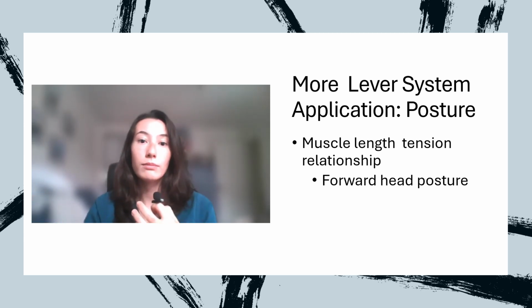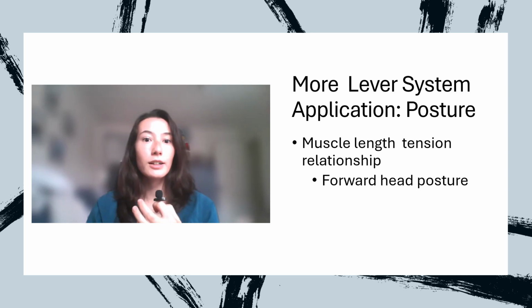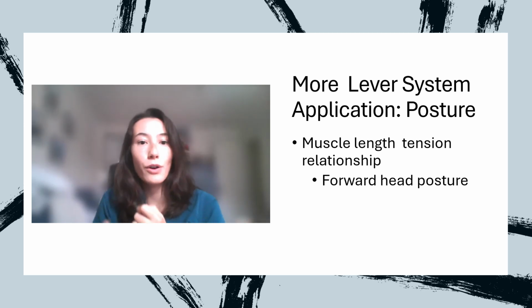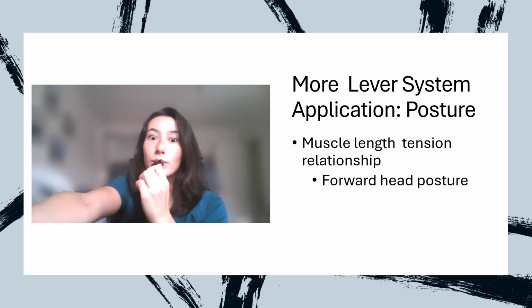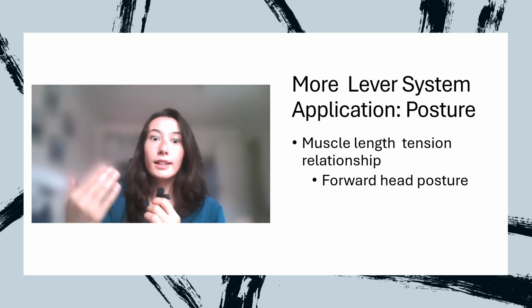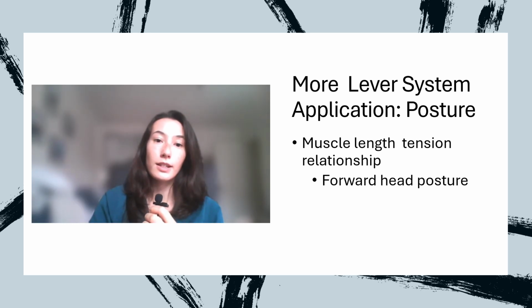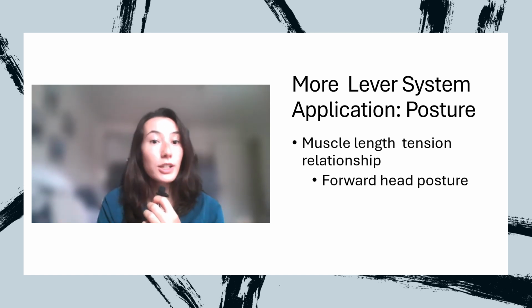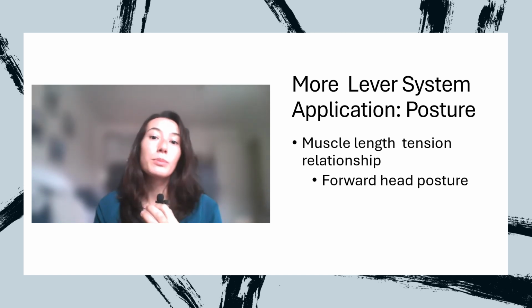So the example that I use again, what I gave earlier, is holding a gallon of milk really close to your chest. It's not too bad, but when I straighten my elbows farther away from me, it's going to make it really, really hard to hold. And this is because, again, I'm not only lengthening the lever arm, which is what we talked about in the previous slide, but I'm also creating a poor muscle length tension relationship, which is going to lead the muscle to be overused or overstrained.